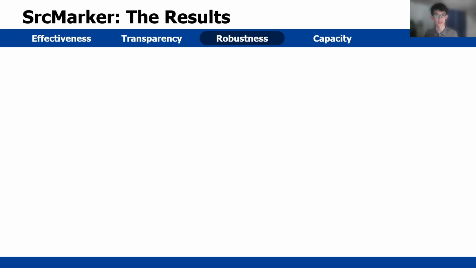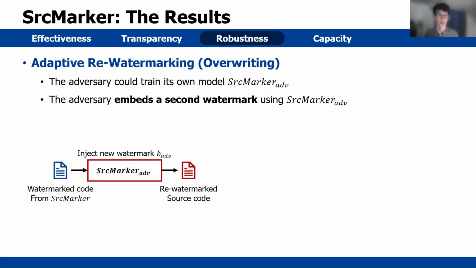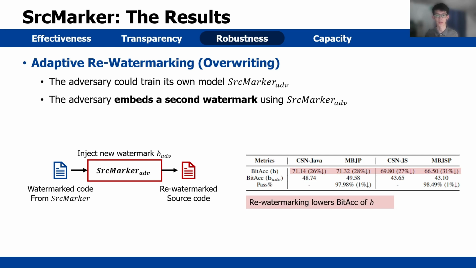And we also consider an adaptive re-watermarking scheme, where the adversary directly uses its SrcMarker adversary to inject a new watermark into the code watermarked by SrcMarker. In this case, re-watermarking also lowers the bit accuracy of our original watermark, as some of the transformations used by SrcMarker might be altered.